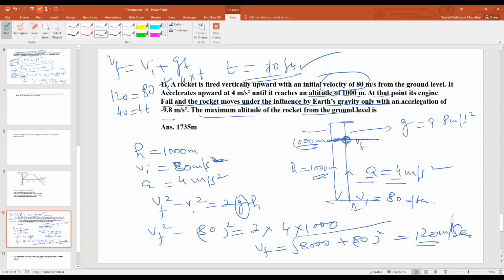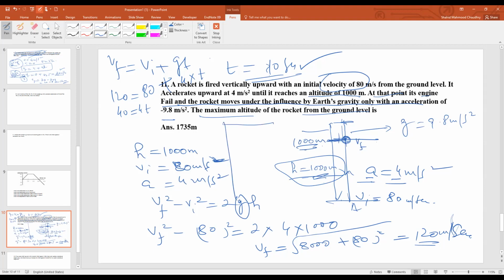So what do we need? We actually need the distance from here to here. We know this distance is 1000, so what will we do? We will find this other distance. To find it, we know that the body is moving under gravity.